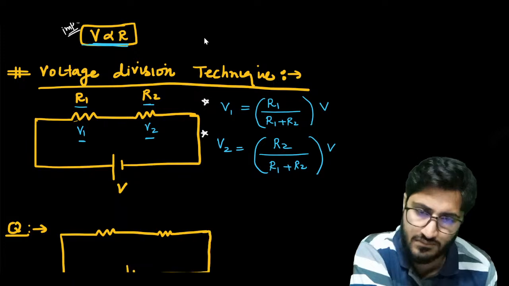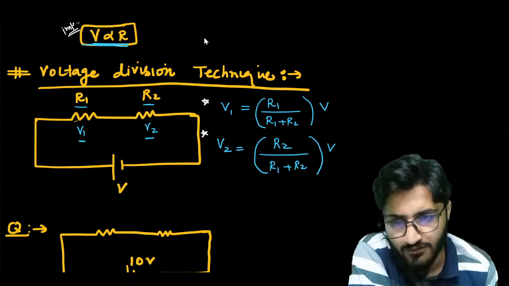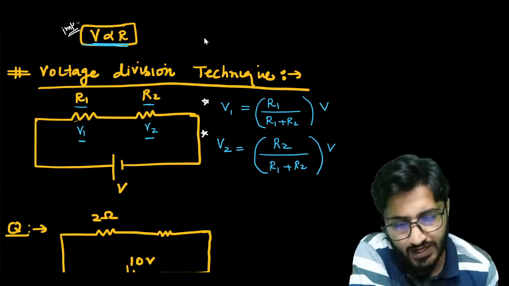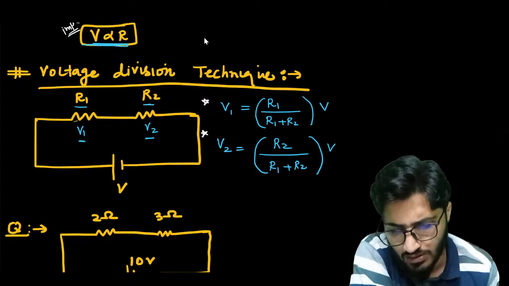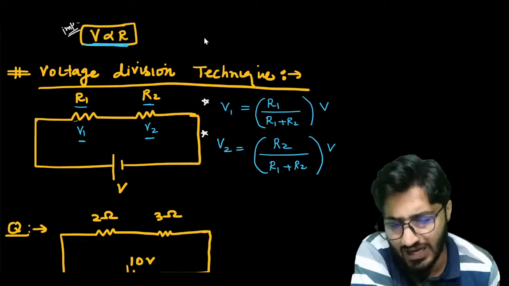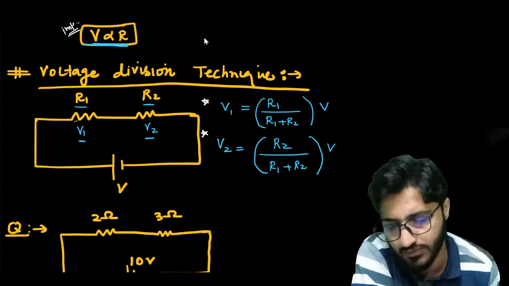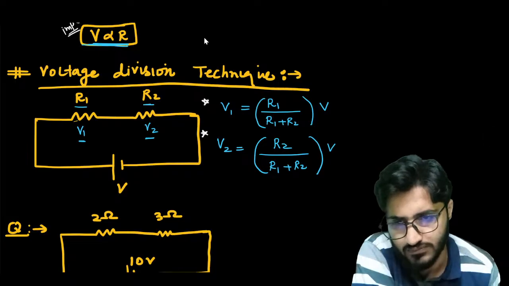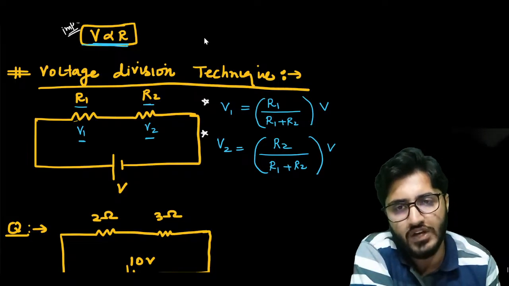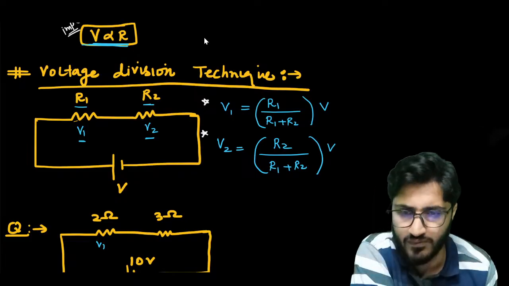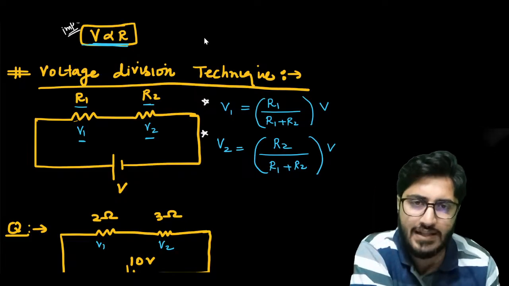Okay, so let's say this one is 10 volt. First one is 2 ohm, second one is 3 ohm. So how will we get V1 and V2? Look, by the formula.